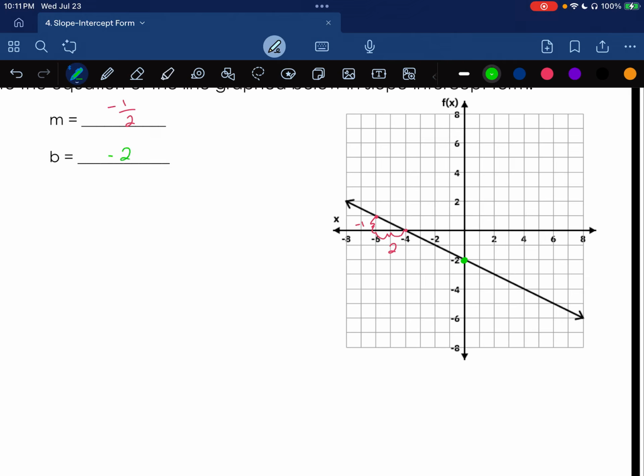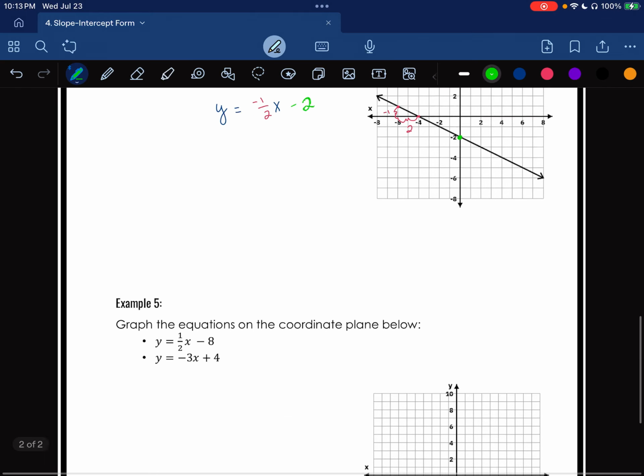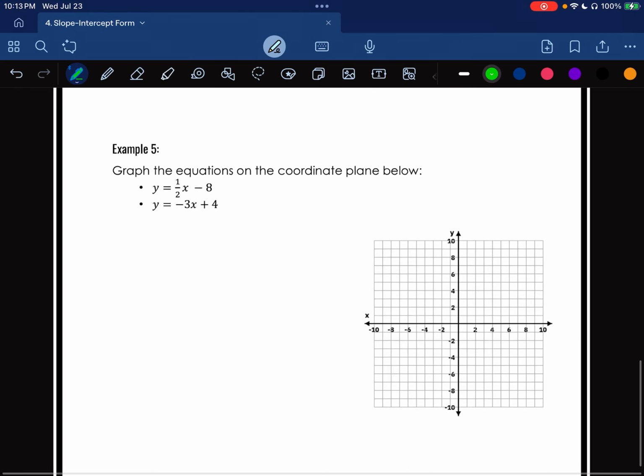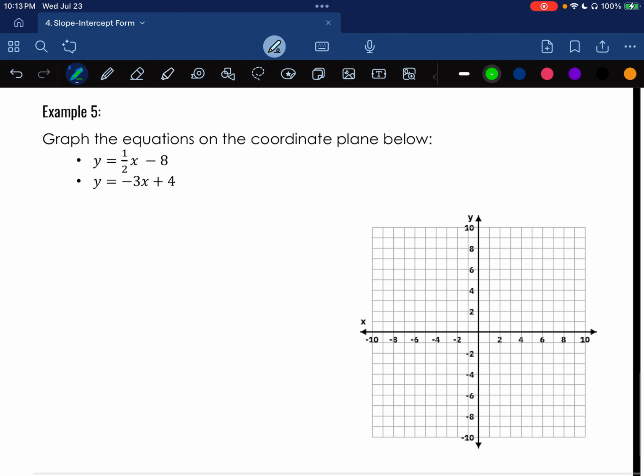All right, last but not least, we are going to graph these two equations here on this coordinate plane. So the first thing that we're going to do is start by plotting the y-intercept.